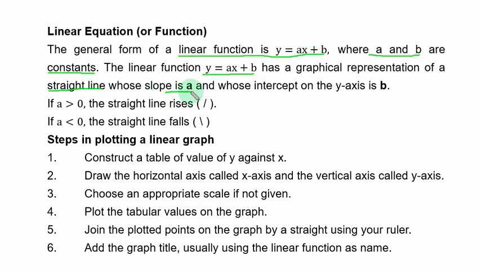Slope is the rate of change in y to that of x, and also the intercept on the y-axis is b. That is the point where the straight line cuts the y-axis. That is the intercept.